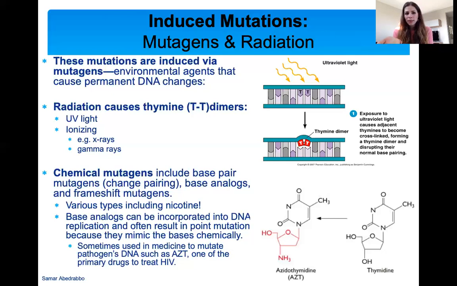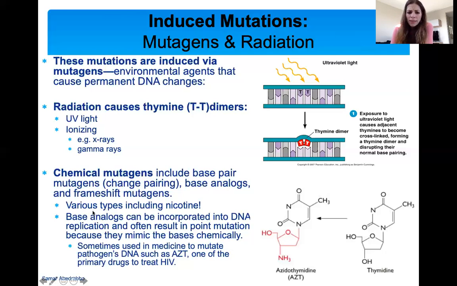Now in medicine, this can be a good thing to mutate a defective gene or something that's defective, but it can also have harmful effects. And we have chemicals that cause frame shift mutations. So there's many different chemicals that can cause mutations. One chemical that everyone has heard of is nicotine, which we see in smoking. So the reason why nicotine is bad is because it can mutate DNA.